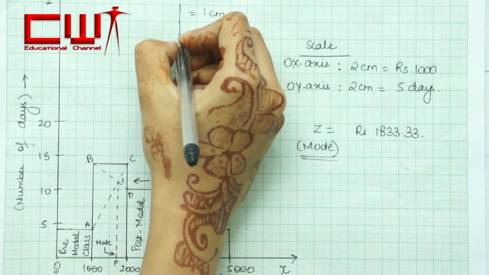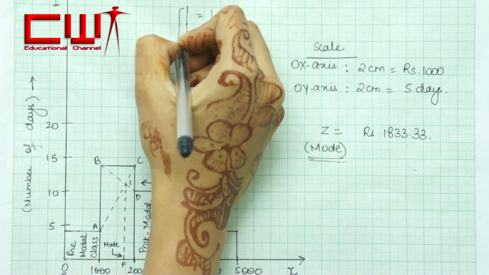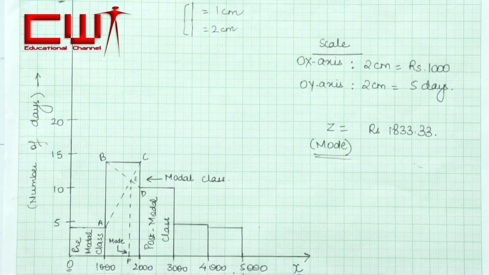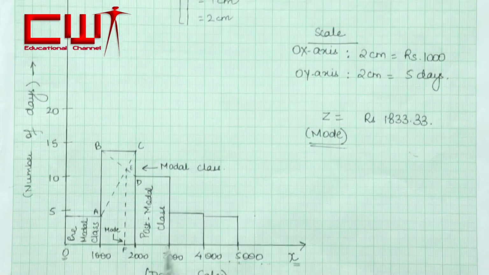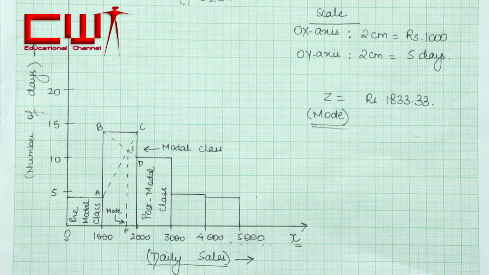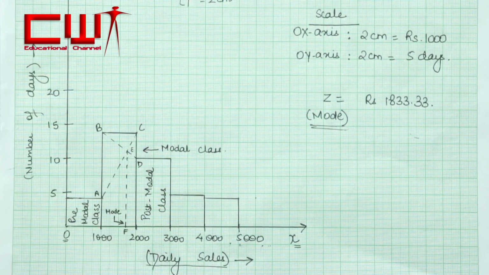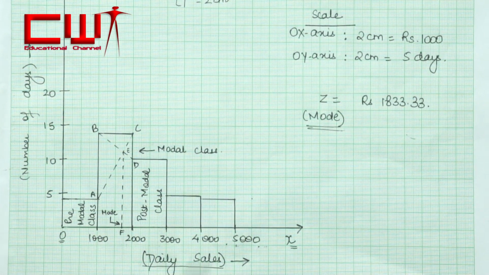So another box you take, this will be equal to 2 centimeters. So 0 to 1000, 1000 to 2000, I have taken a space of 2 blocks. After 2 blocks, one figure comes. Same with the OY axis, so that the graph will look a little cleaner and neater, right?